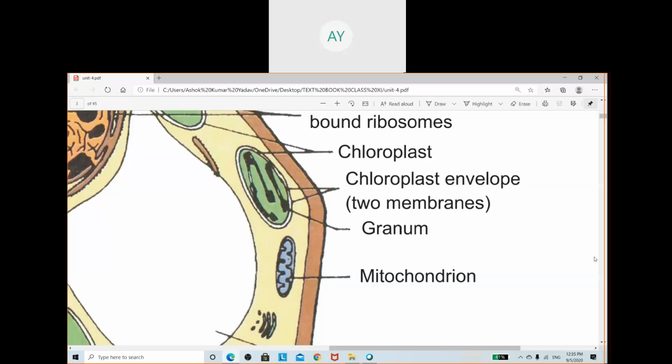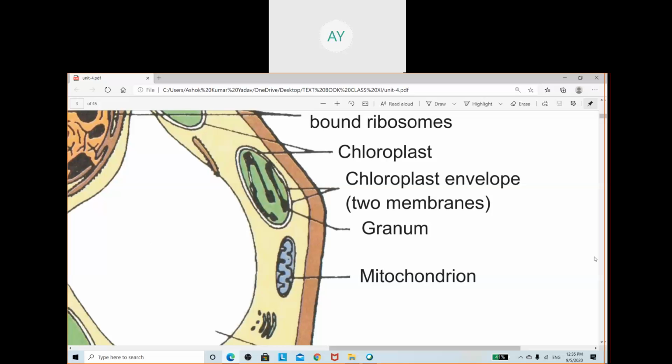And how does the plant get water? From the roots, from roots to stems to leaves. What is the name of the pathway, the pipe? Xylem.